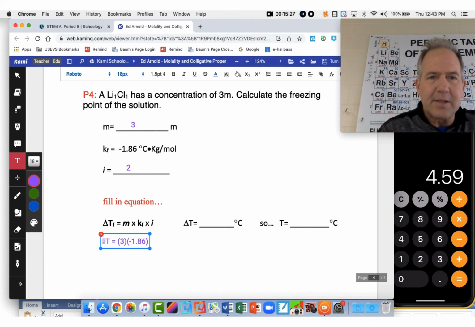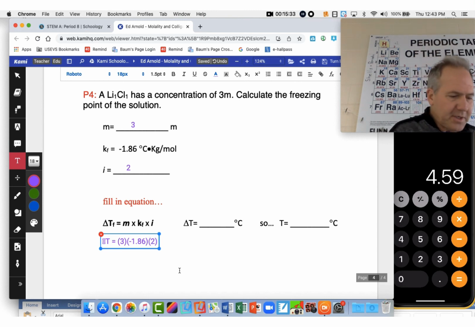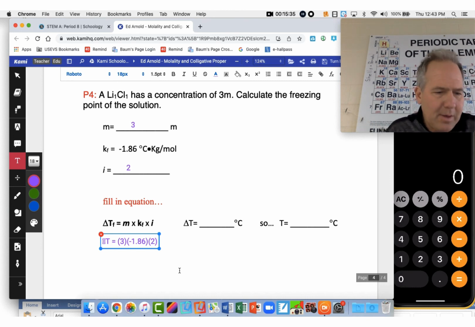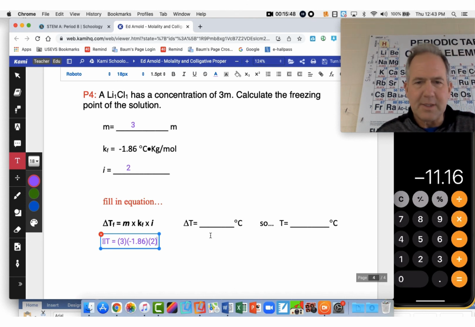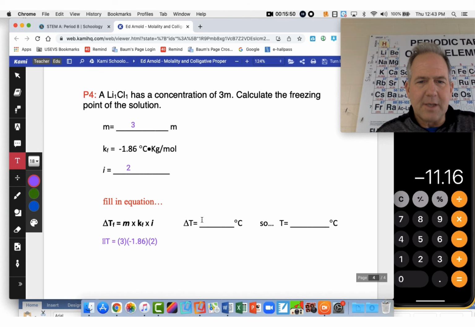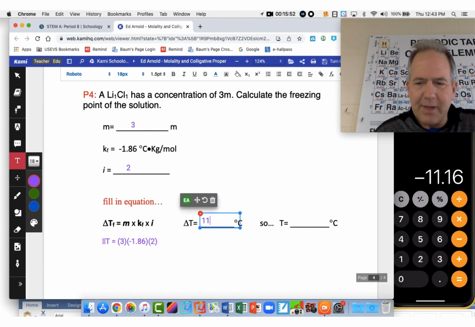And the i's are 2. So we have 2 i's. Remember, it's a negative. Now, if you don't want to put that in your calculator, you don't have to. You can always add it on the end, but I like to put mine in. So 3 times negative 1.86 times 2 equals 11.6 degrees Celsius is the change.